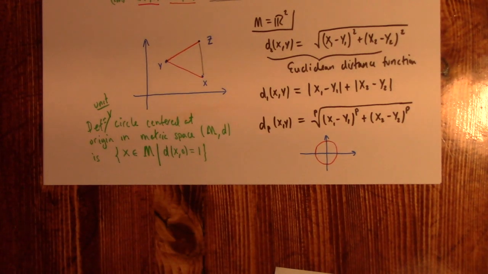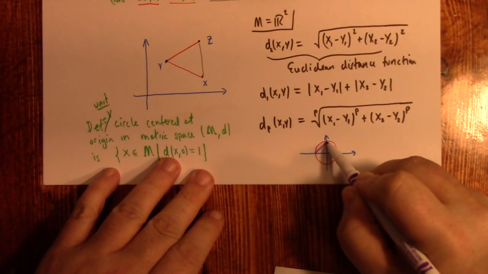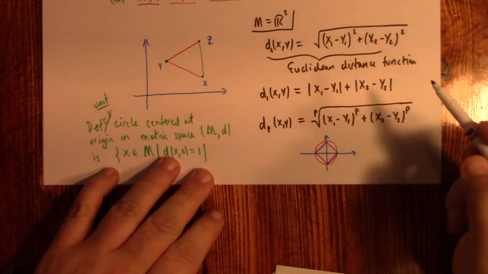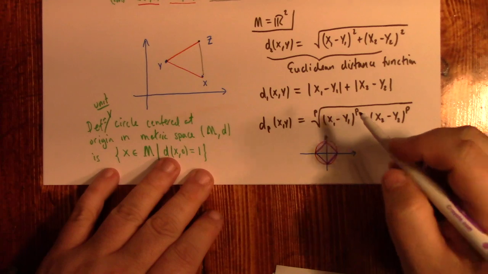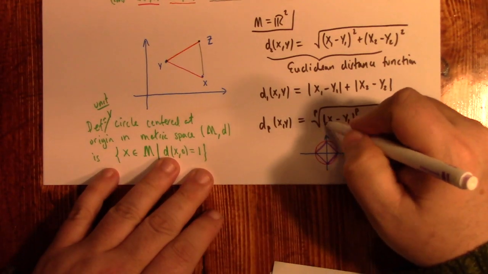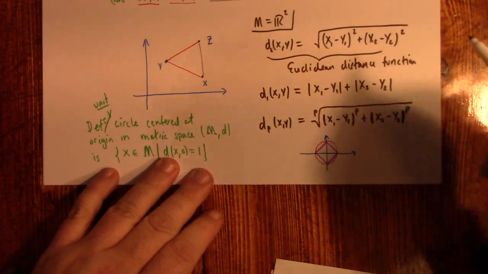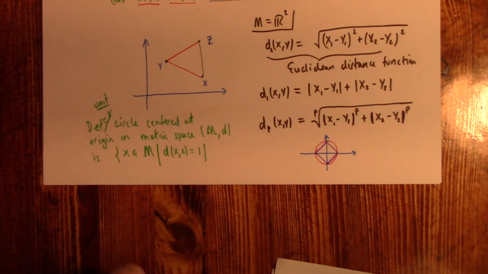Sorry, I got some bad markers in here. The 1 circle is just a diamond like that. And if you were to look at the cube root of the sum of the cubes, I need absolute value here, I forgot. Otherwise you get negative numbers for odd p. So absolute value here, my bad.